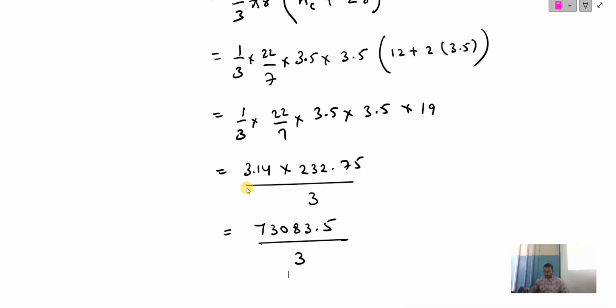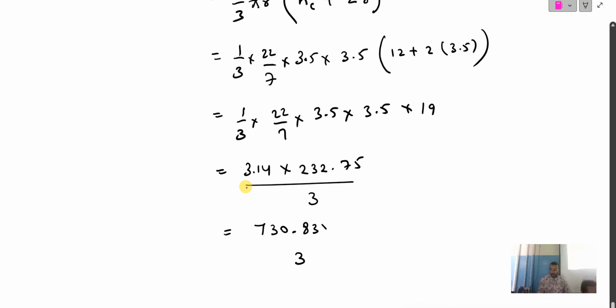Followed? Now what we have to calculate? Volume of water left. Volume of water left is equal to volume of cylinder minus volume of toy. Am I right?